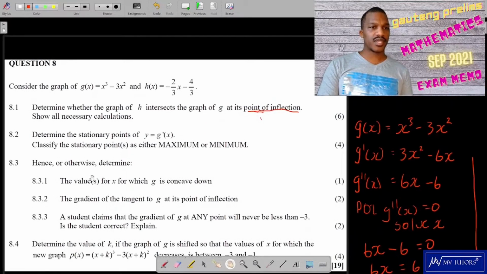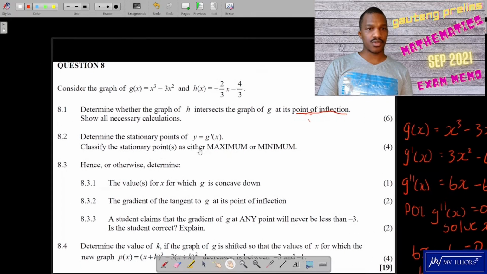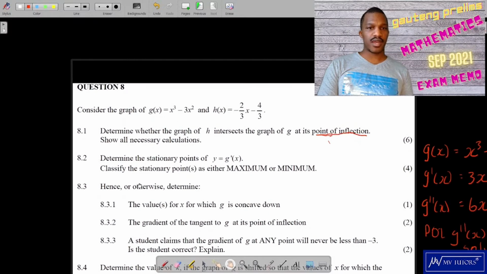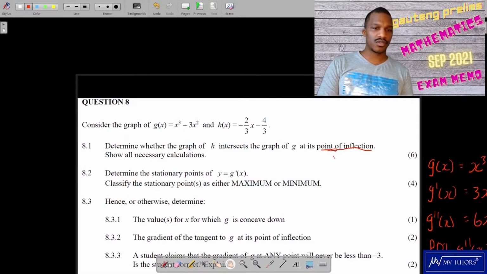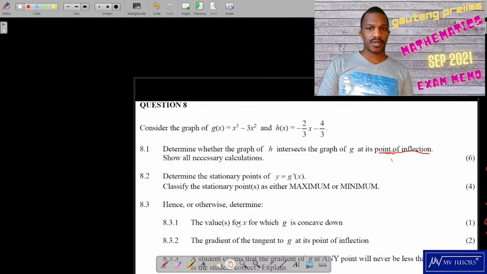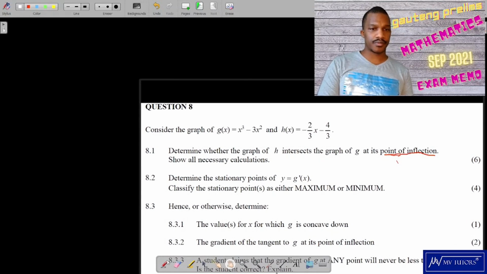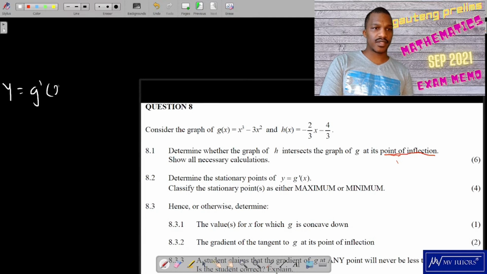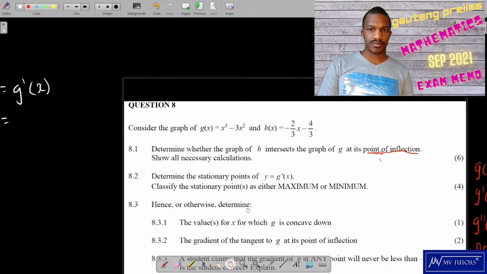The next one says determine the stationary points of y equals g. Okay, so now we have a situation where our y is equal to g prime of x. And what is g prime of x?